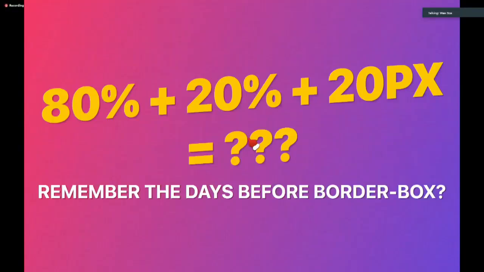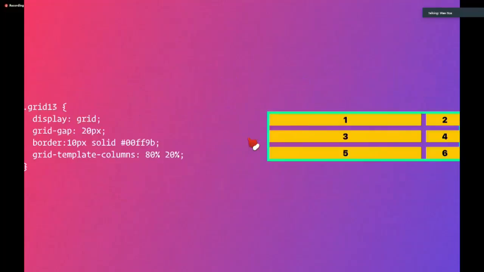Do you remember the good old days of having to add up a percentage div, like a sidebar and a content, and then you had some margin and padding on each of those, but they were in pixel values, and you couldn't add them up, right? Because 80% plus 20% plus 20 pixels, those are apples and oranges. How do I add those two up, right?